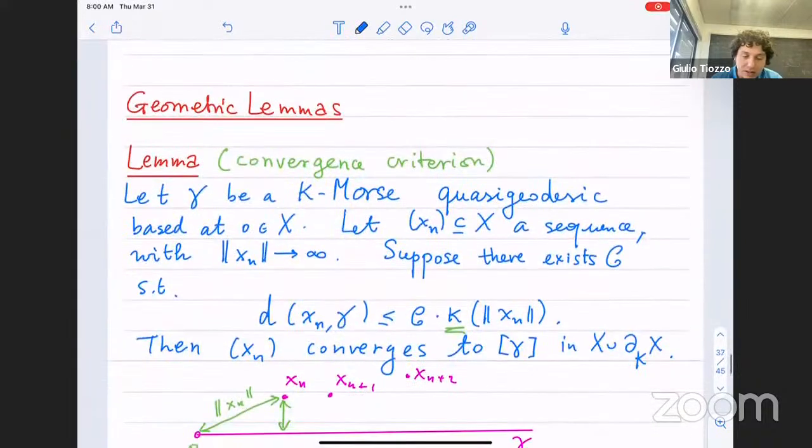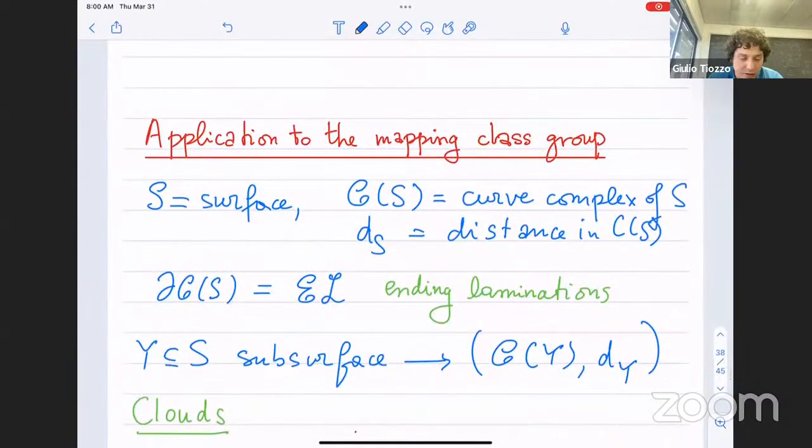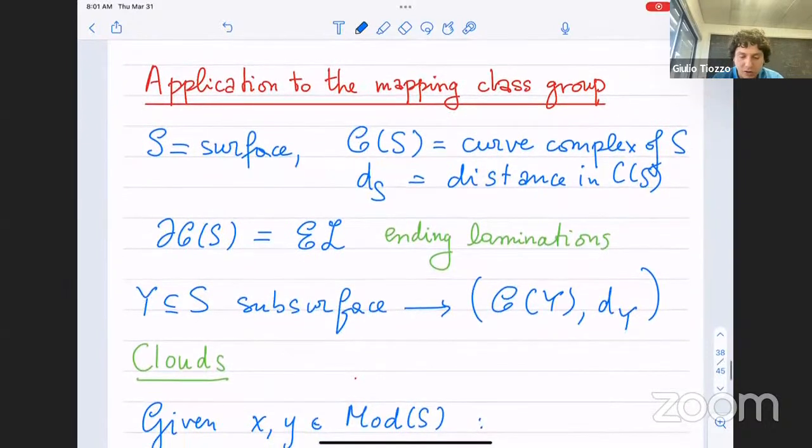So now let's focus on the mapping class group. In the mapping class group, we have to use this hierarchy machinery to estimate what happens to the distance between the sample path and the geodesic. So recall the main points. We start with the surface, and we have various objects associated to it.